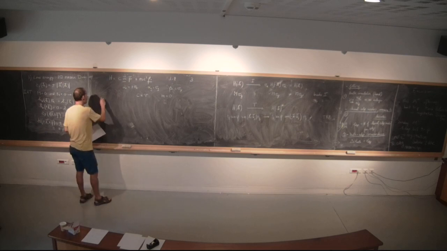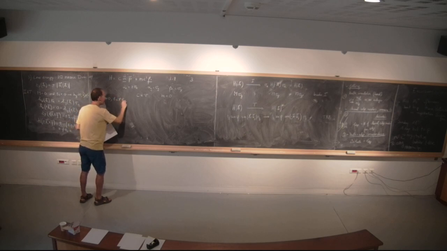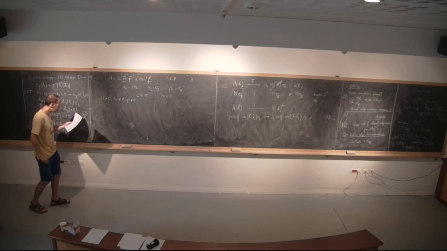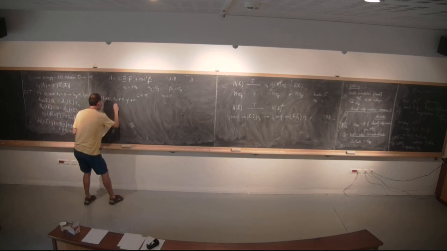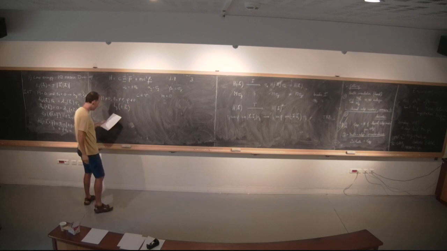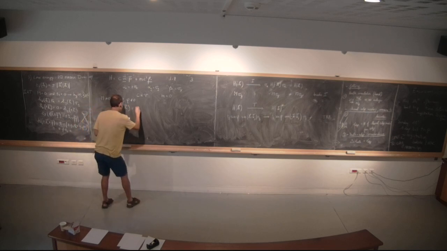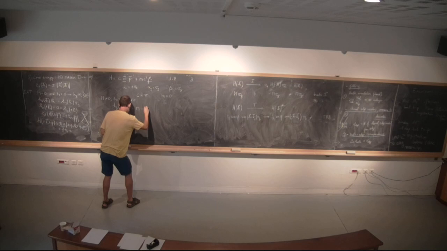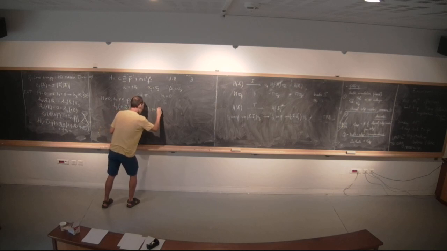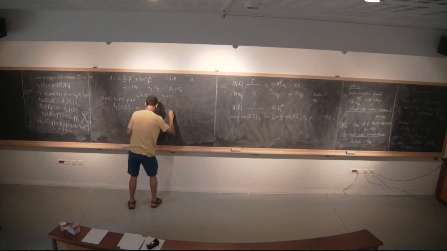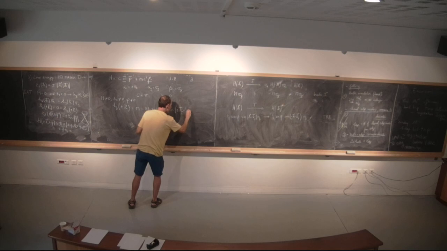Now I want to look at the case where I use the full Haldane model. In such a case, you can show that hz near the Dirac points is given by m minus 2 t2 sine phi sum over j of sine of plus or minus capital K dot bj.